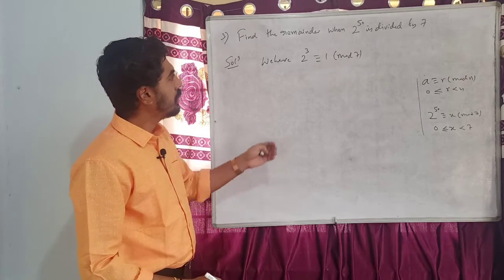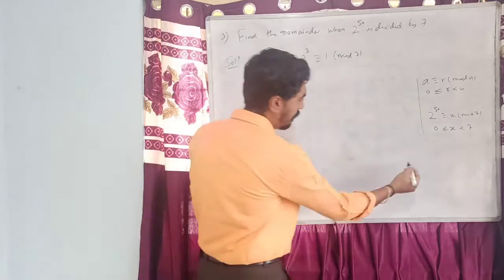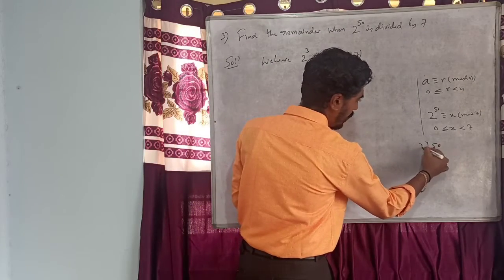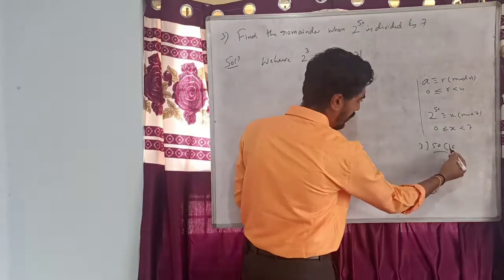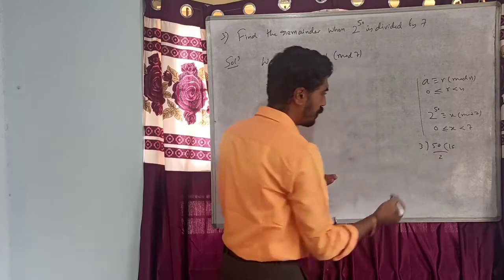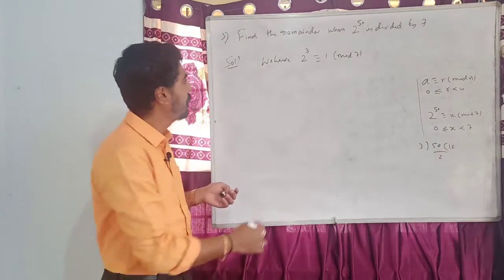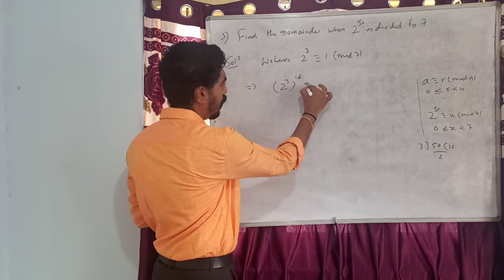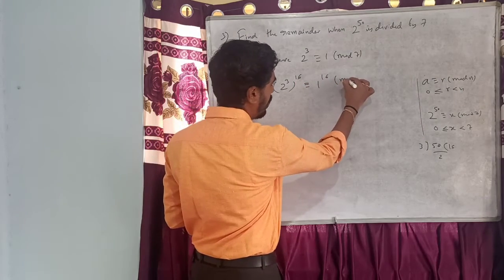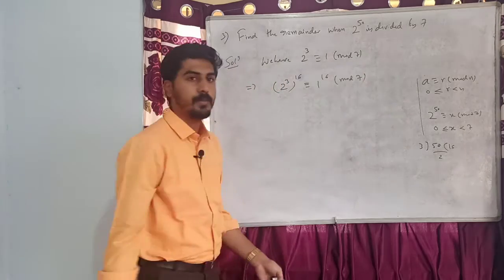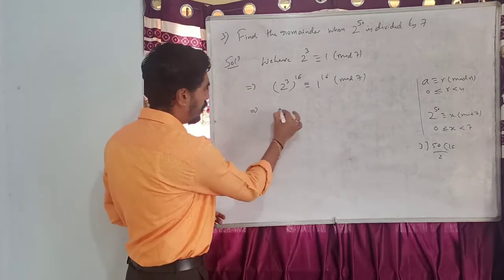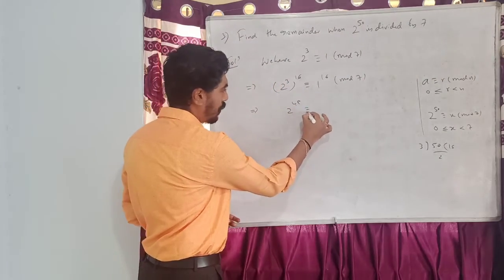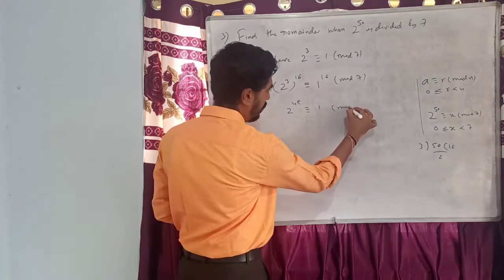If I observe here, when I divide 50 by 3, I get 16 as a quotient and the remainder as 2, so I can raise the power by 16. This implies 2 cube whole power 16 is congruent to 1 power 16 modulo 7. Here we get 2 power 48 is congruent to 1 modulo 7.